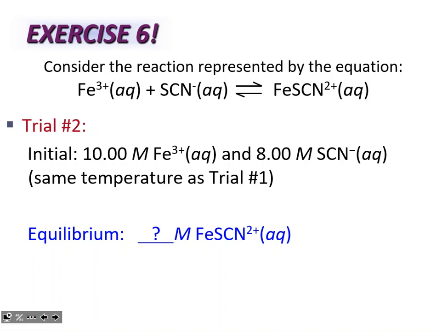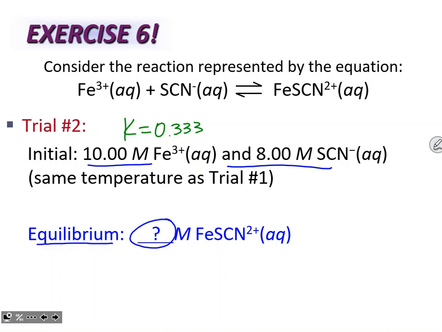So our K value is, I think it's already written in your problem, but I'm writing it up here. It's still the same number. All right, good. And in this case, we're given the initial concentrations of our reactants. And we're trying to find the equilibrium concentration of our product.